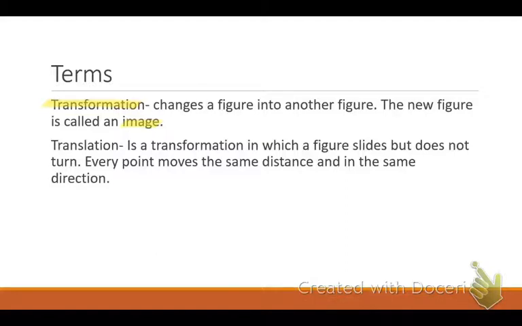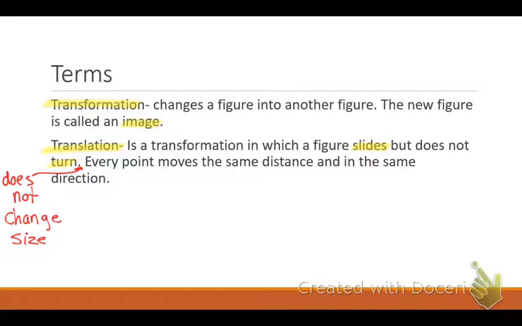The first type of transformation we're learning is a translation. That is a transformation in which a figure slides, but it does not turn. And I would add to that, it does not change size. It has to be the same size as well.